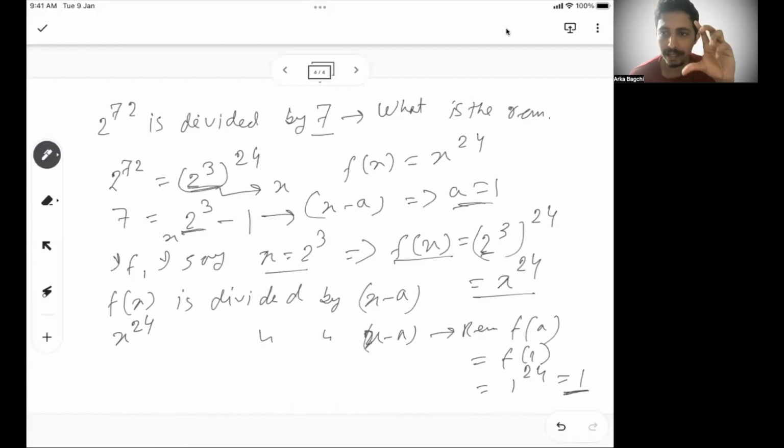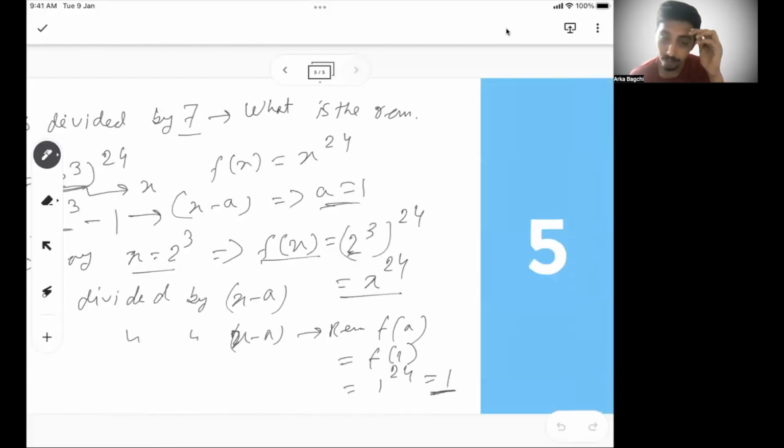Then x is common in your denominator as part of x minus a and in your numerator as part of f(x). So you identify the x first and then write those in terms of a polynomial. Then it becomes very easy. Okay, so this is one example of doing it.